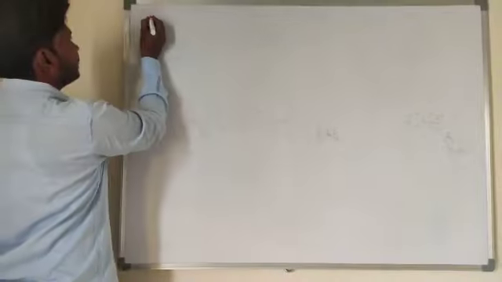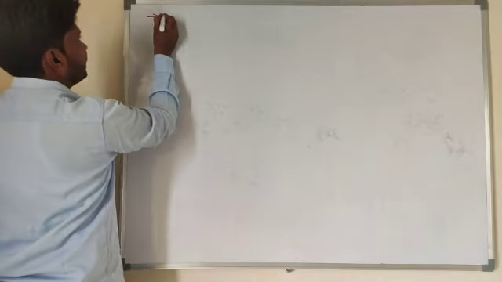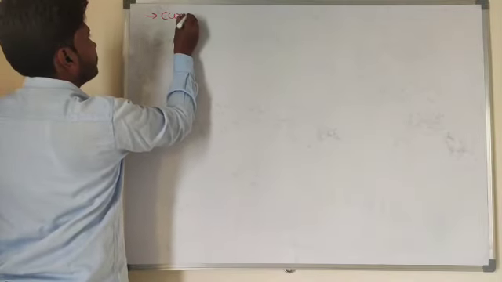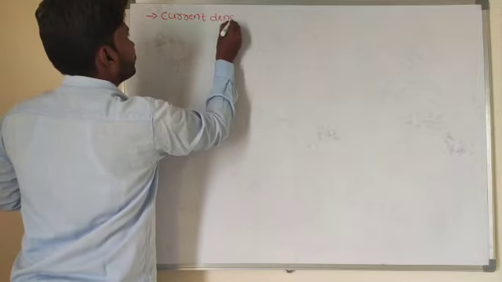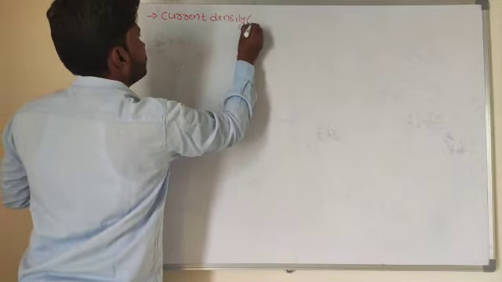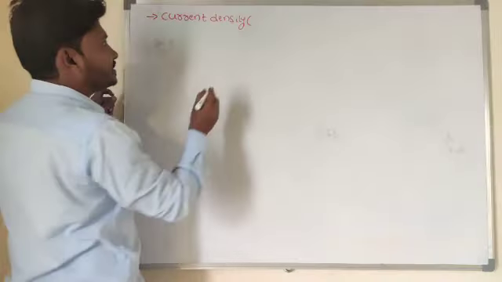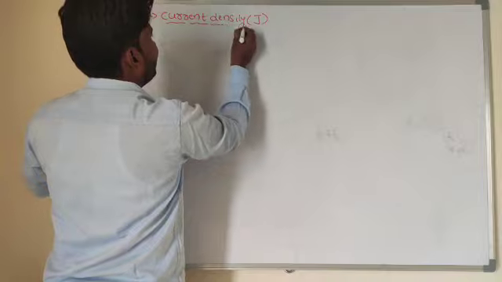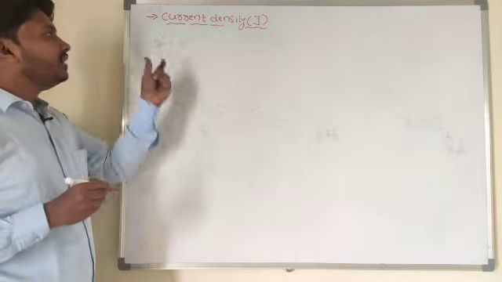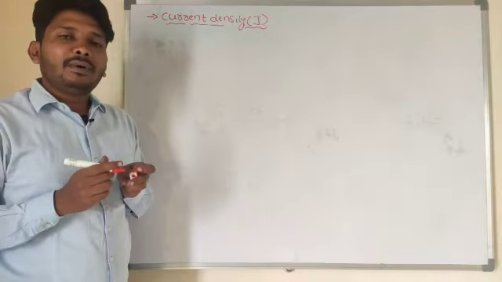So let me start with the concept of current density. Current density is represented by the symbol J. What do we mean by current density? Current density is nothing but current per unit area.